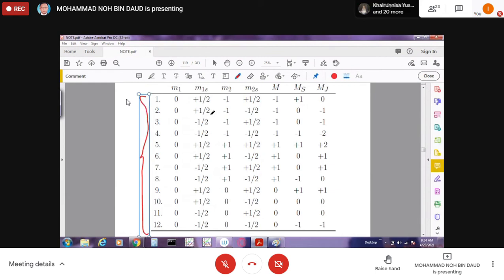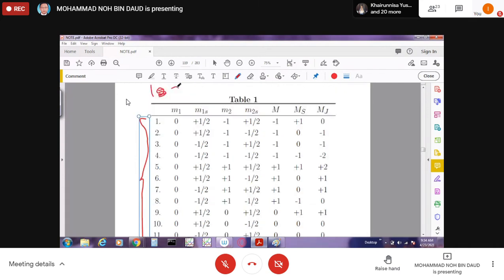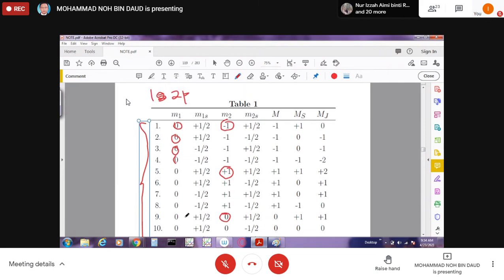For this 1S 2P here, ML could be negative 1, positive 1, or 0. M1 here, all these 0, 0, 0, all 0. MS here, only two values, positive half or negative half. So this is the total one.